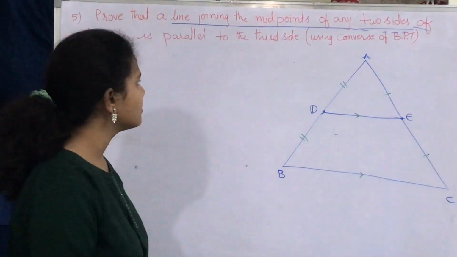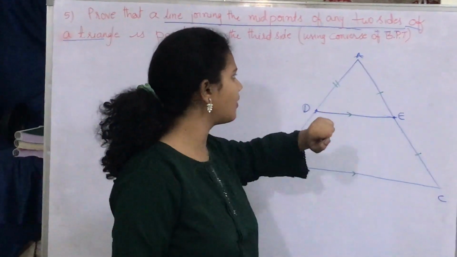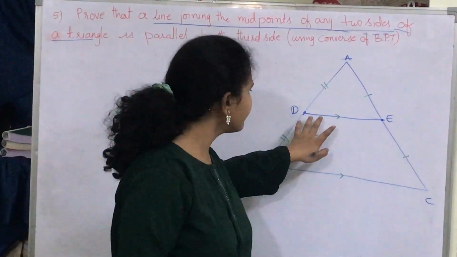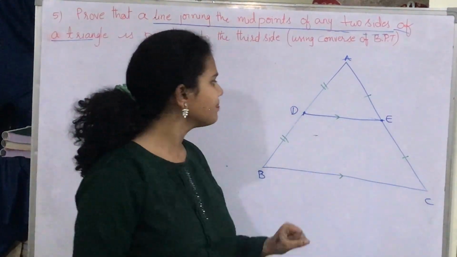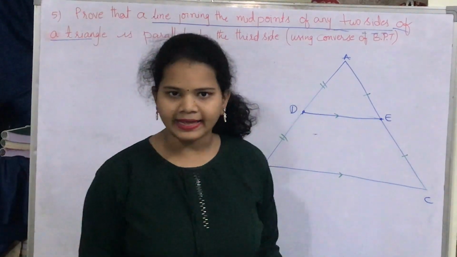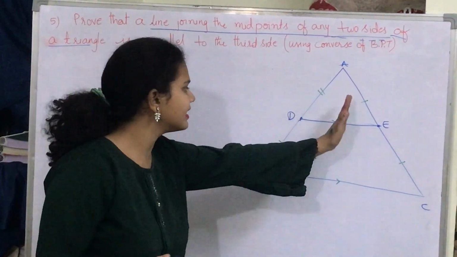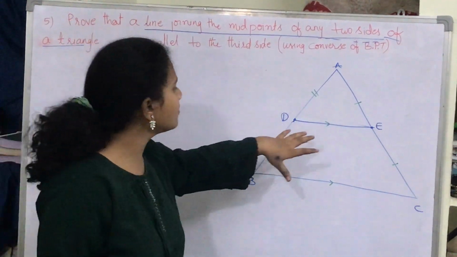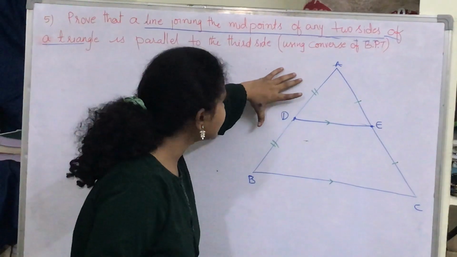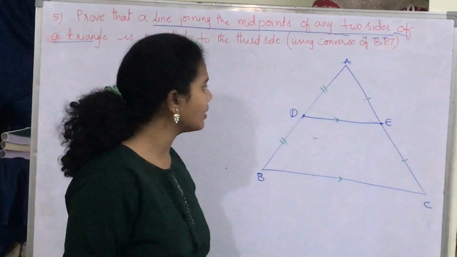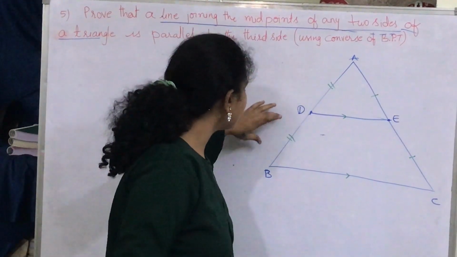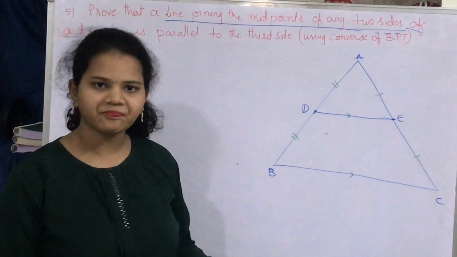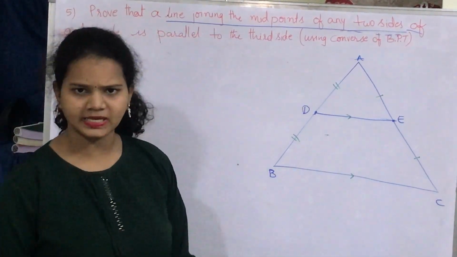To prove this, we must use the converse of the basic proportionality theorem. So what is the basic proportionality theorem? If a line is drawn parallel to one side of the triangle, then the other two sides are divided in the same ratio. So to prove parallel sides, if AD by BD equals AE by EC, this gives what? DE is parallel to BC, right?